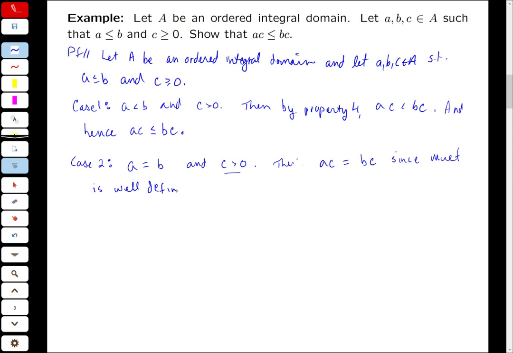Question. Why can you say that it's less than? Okay, listen to the words as you're saying it. Less than or equal. If it's one of them, it satisfies the or condition.